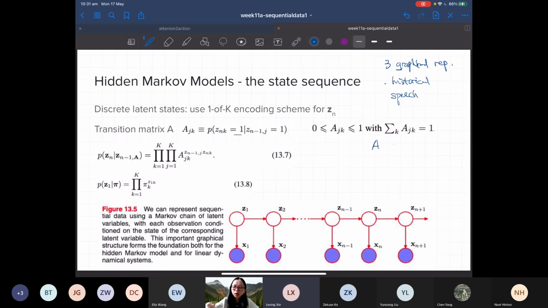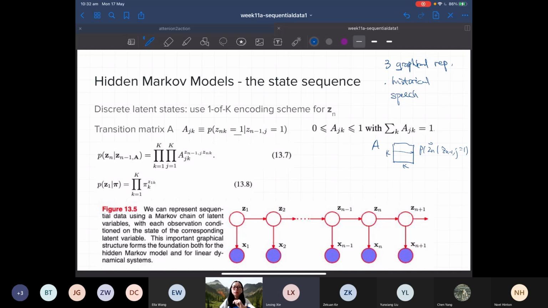This A matrix is a K by K matrix, it's non-negative, and in this case its rows sum to 1. This is the probability of Z_n as a vector given Z_{n-1} = j.